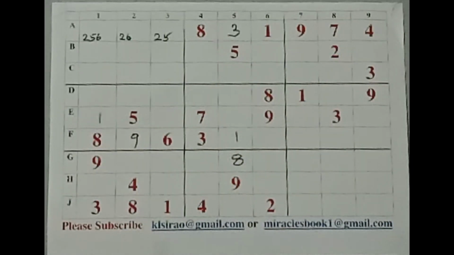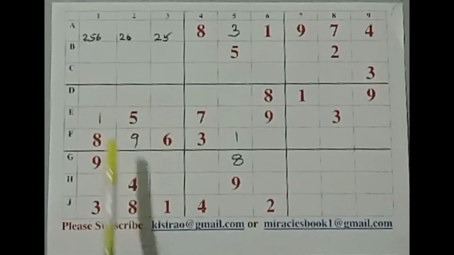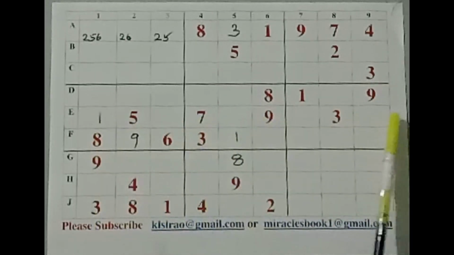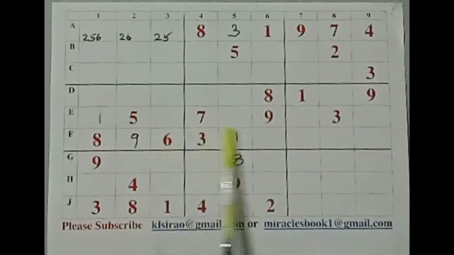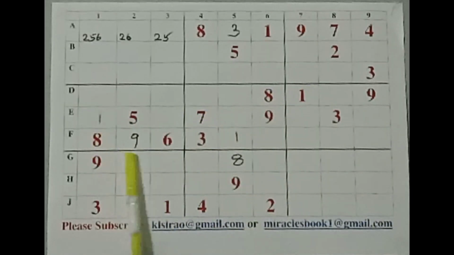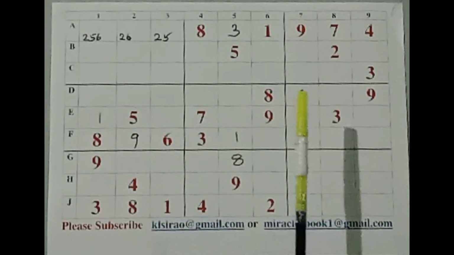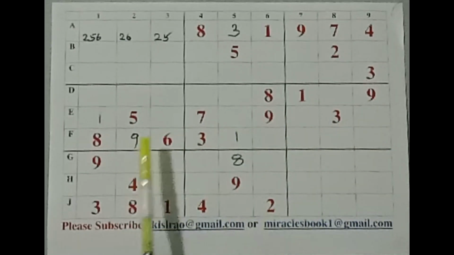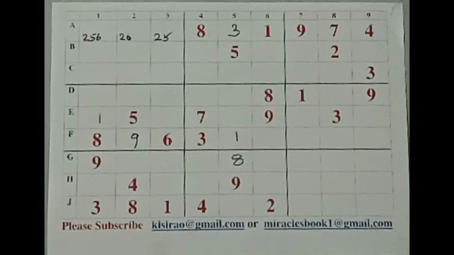Okay, and now 2 is missing, 3 gets to these 2 places because of this 3, 4 is missing, 5 occurs just once, 6 also just occurs once, and 7 too. Number 8 occurs 2 times, but we are not sure whether to put the third 8 here or here. So let's leave it. 9 is done 3 times.